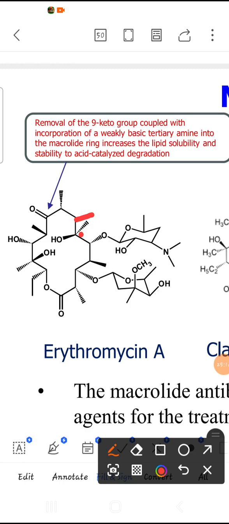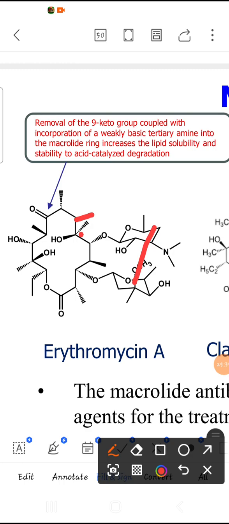Therefore, if this hydroxy group is protected in the form of an ether or alkoxide, the stability will increase, oral activity will increase, bioavailability will increase. This also reduces the effect on the GI.